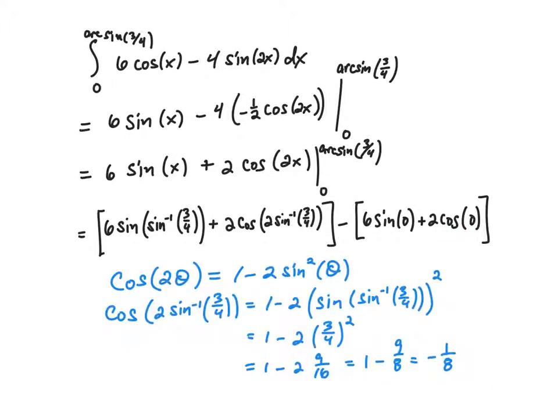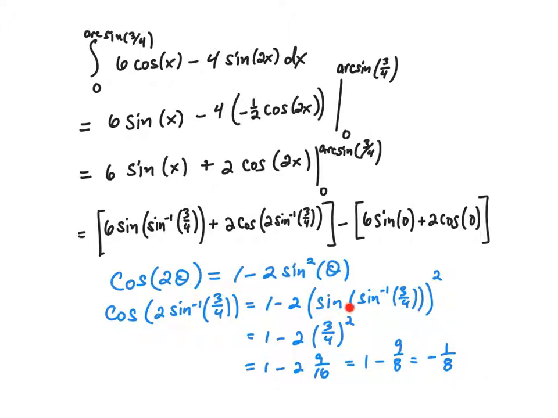And then we're going to need to compute this cosine of 2 arcsine 3/4. Because clearly sine of arcsine 3/4 is just 3/4. But this one's tricky. Now remember, this is a double angle formula. You have a couple options. It's cosine squared theta minus sine squared theta, but you can also write that as 1 minus 2 sine squared theta. That's a trig identity. So if theta is inverse sine of 3/4, you'll see now why I chose this form of the double angle formula.